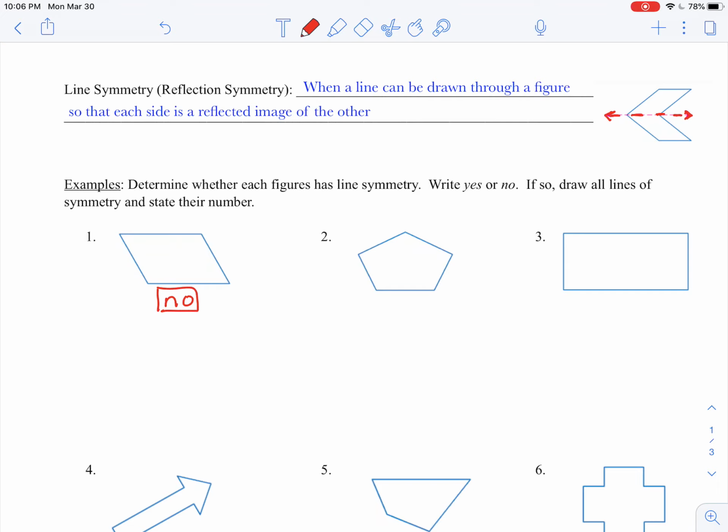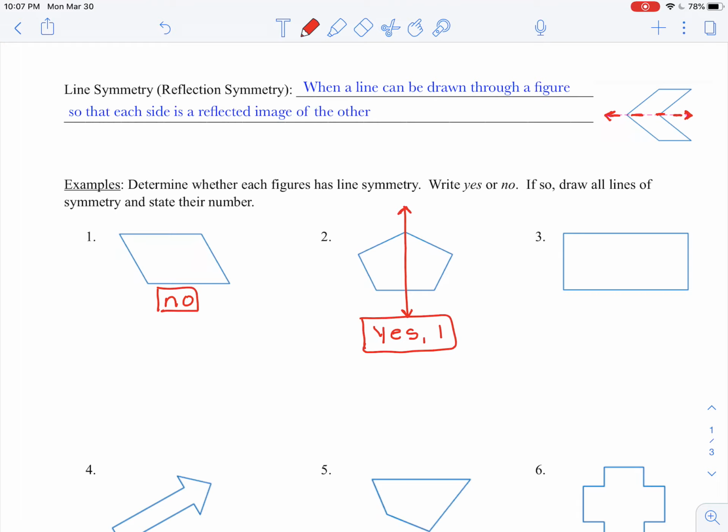In question number 2, this figure does have line symmetry, although there's only one way to fold this pentagon so that the two halves would be the same, and that's this way. So we can say, yes, this figure does have line symmetry, and there's only one line of symmetry.